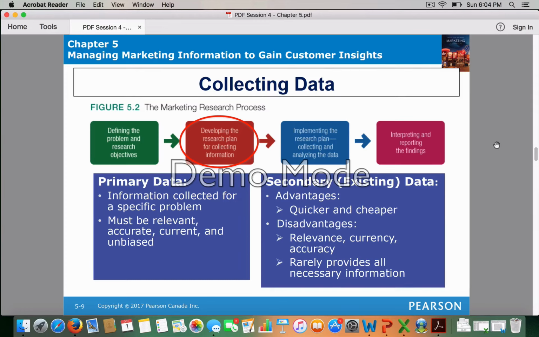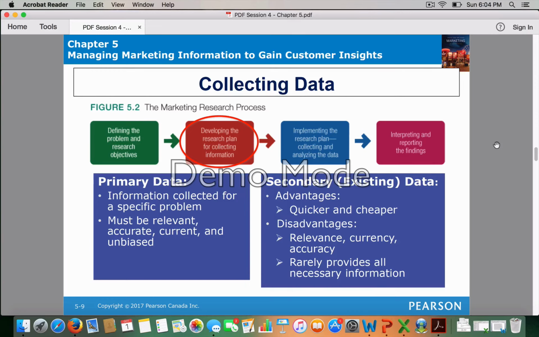But the problem is that sometimes, although there may be some information out there, that information may not be exactly relevant to the question that you're trying to answer. It may not be current enough to give you a picture of what's going on today. It may be old or outdated information, and it may not be accurate because you don't necessarily always know how the information was collected, so you don't have the same ability to trust the accuracy of that information as when you gather the information yourself.